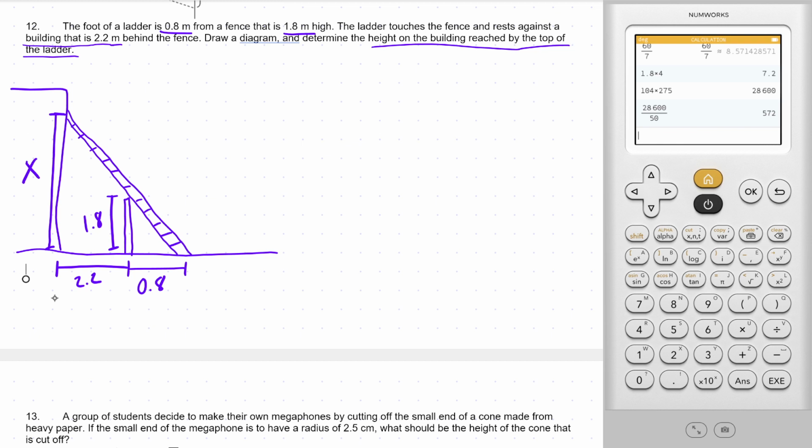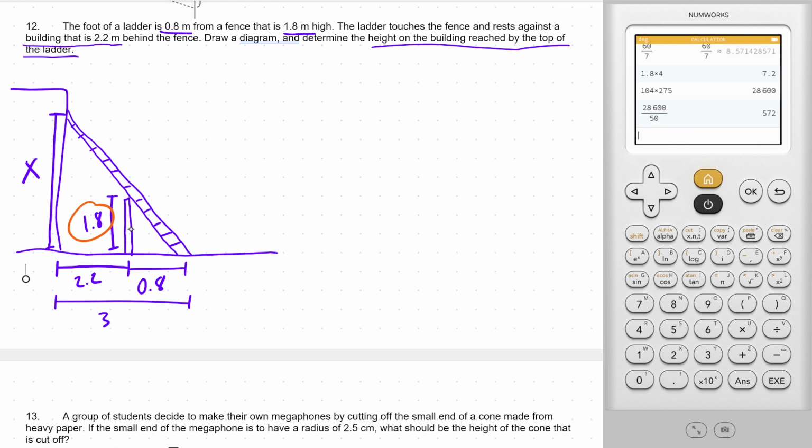Okay, so keep in mind one side of the larger similar triangle will be across the whole bottom here from the base of the ladder to the base of the building, and that's going to be 3, right? Because 2.2 plus 0.8 is 3. Okay, cool. So I can set up my proportionality statement as follows. Well, let's go ahead and talk about which corresponding sides we have.